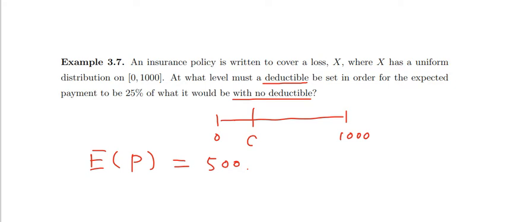So this is without deductible. With this deductible C, the payment is to be 25% of this, which is let's say 125.